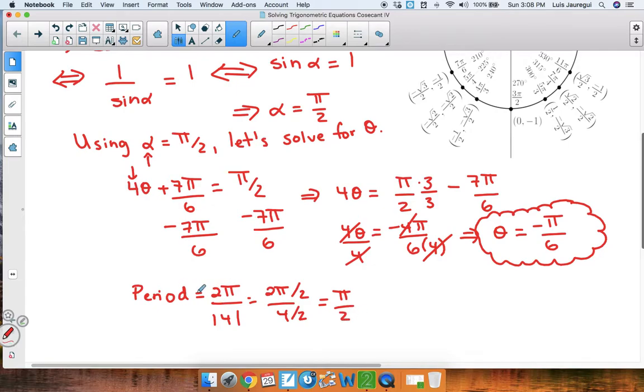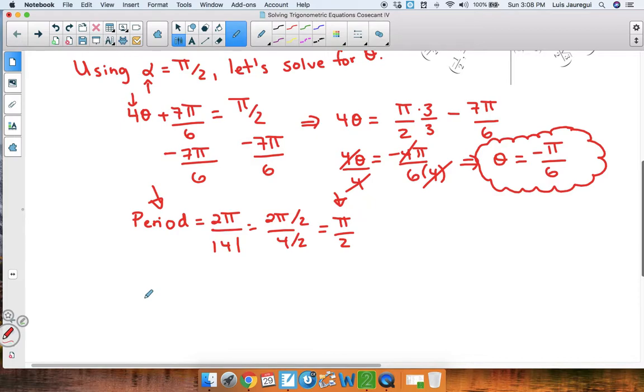Why are we doing this? Because this is now the period for the new function that we had in here, which was cosecant of 4 theta plus 7 pi over 6. So the actual period of that function happens to be pi over 2. Hence, using that period, we take theta to be negative pi over 6 plus the period of pi over 2.